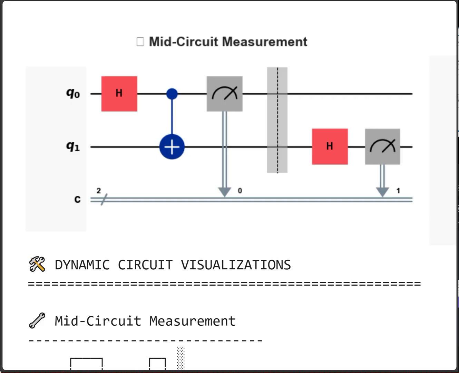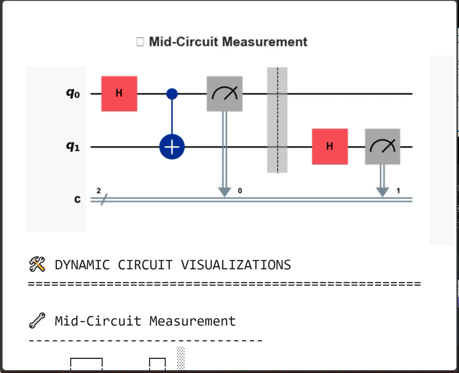And depending on this first process, we know that now we have a mixture of probabilities here, and this first block of the Hadamard and the CNOT is what creates an entangled pair. So right now, after this process, we have an entangled pair. This box in the middle is the measurement.